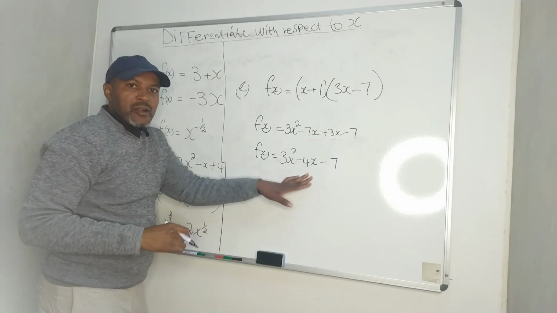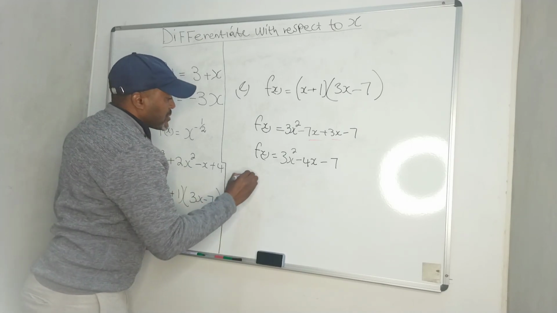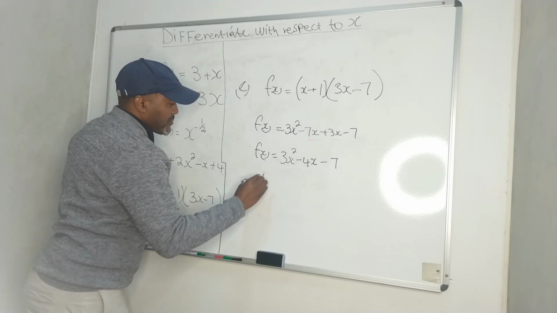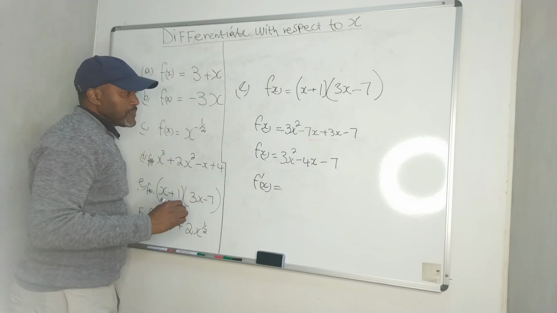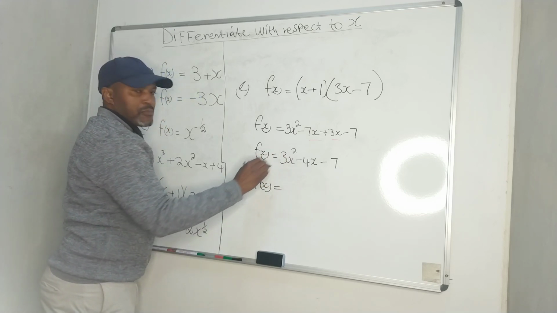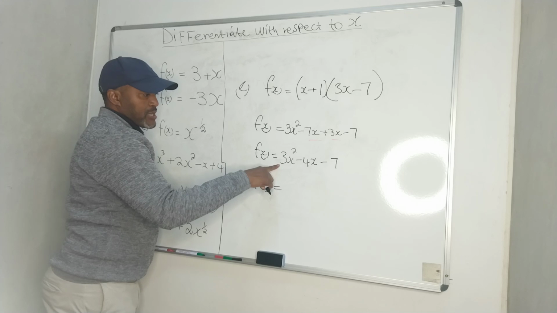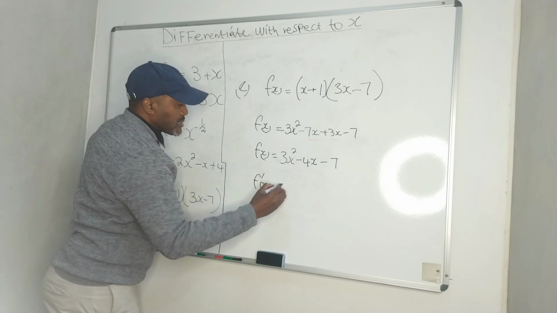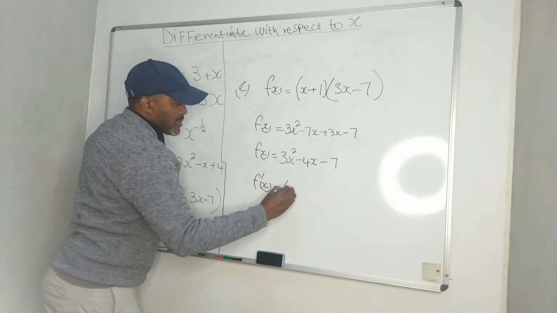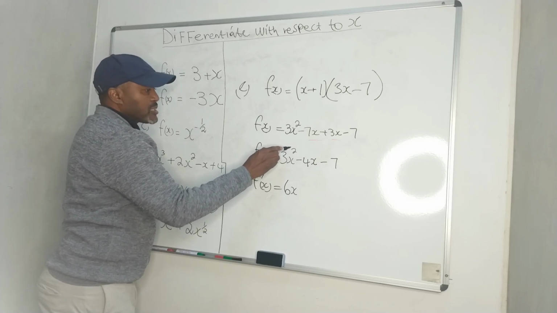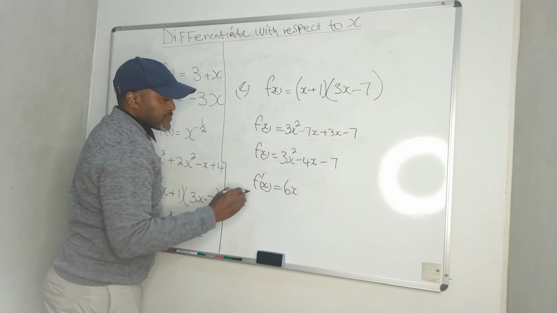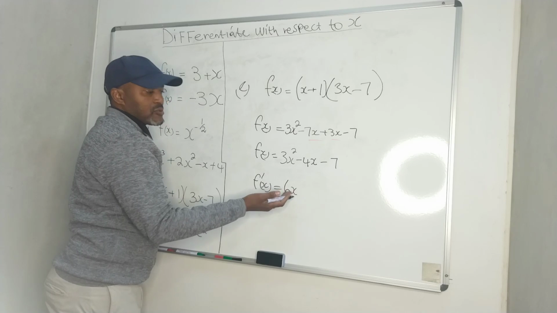I'm now allowed to find the derivative. Then f prime of x equals, 2 will drop and multiply by 3. I get 6x. That 2, I will say 2 minus 1. I get 1. There's no need to put it.